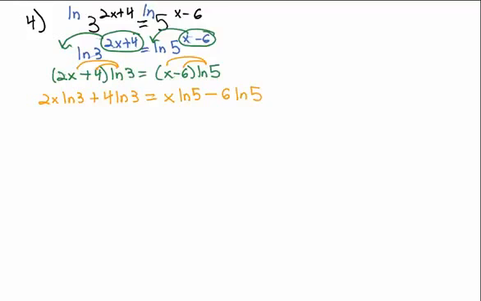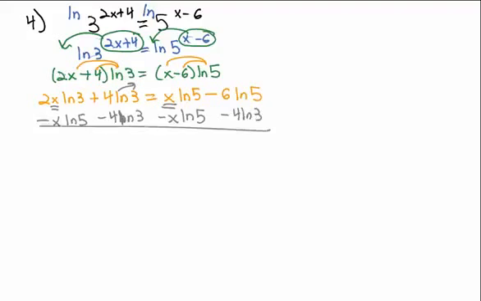Now we're just solving a linear equation. We need to get the variables all on one side and everything without a variable on the other side. So let's move the variables to the left. We'll subtract x natural log of 5 from both sides. Then the 4 natural log of 3 has no variables, so we'll subtract it out as well. Subtract 4 natural log of 3.